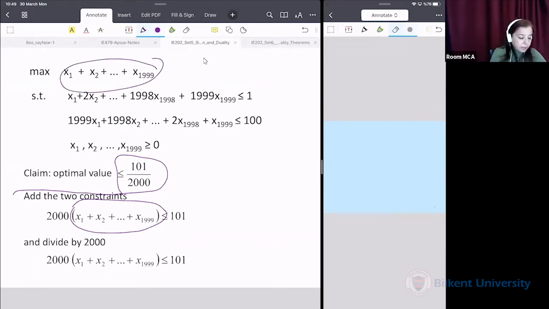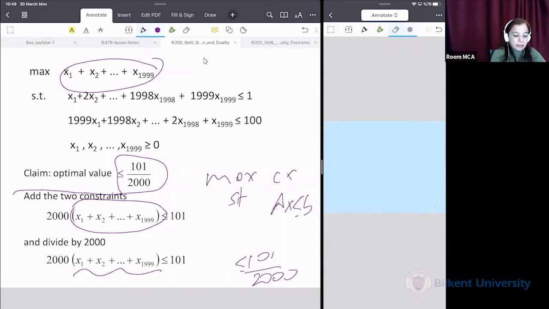Apparently, then, their summation cannot be more than 101 over 2,000. Again, a nice way to find a bound for the optimization that we're trying to do. Remember the canonical form: maximize Cx subject to Ax less than or equal to B, x non-negative.